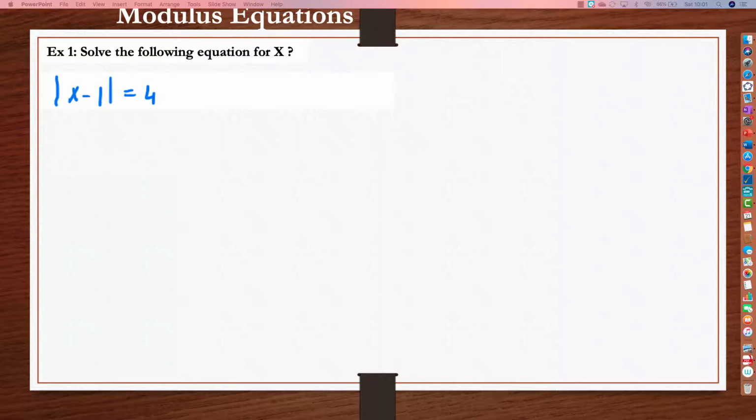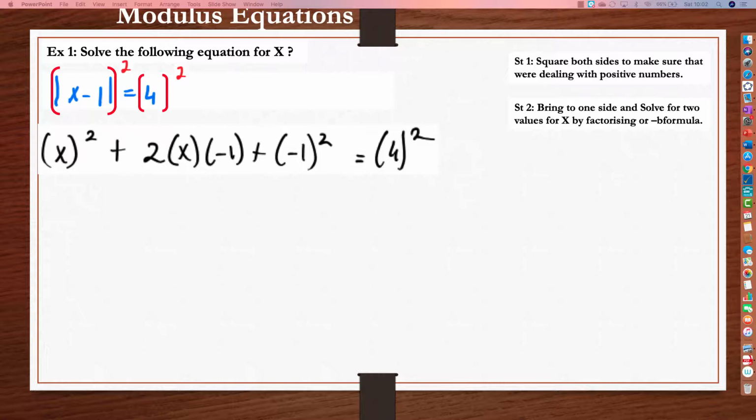Alright? So we square both sides. We square x minus 1 and we square 4. You can either square out x minus 1 as normal, x minus 1 by x minus 1, or the quick way is square the first, twice the first by the second, square the second. Alright? So whichever way you want to square out the brackets.